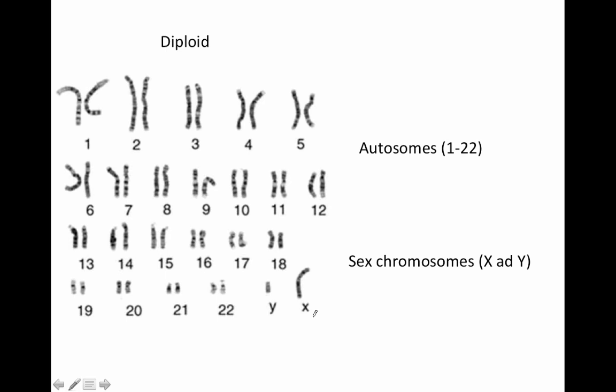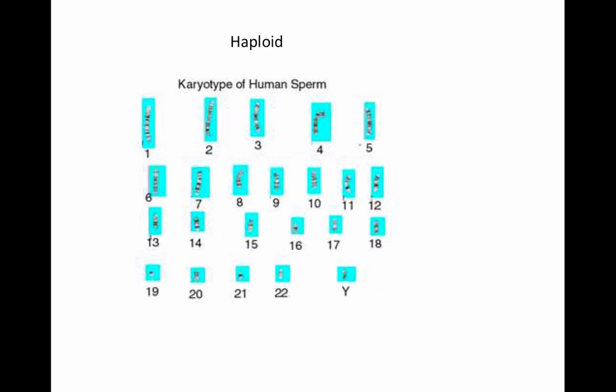Haploid cells are also found. We see haploids existing in different kinds of fungi and in sex cells of eukaryotes, such as sperm and eggs. Haploid cells only have 1 copy of each chromosome. So for humans, there would be 1 copy of every chromosome from chromosome 1 to 22, and then there would only be 1 sex chromosome.